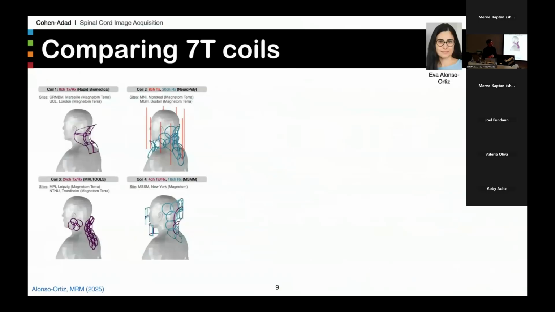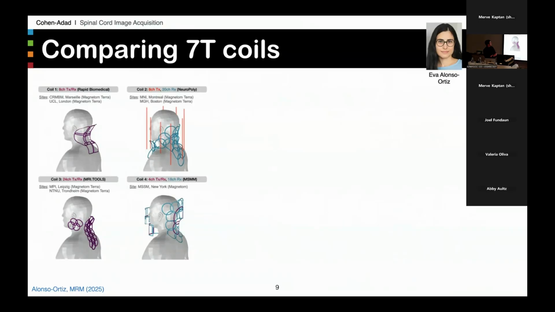It was quite a bit of work to get 3 participants flying all around the world, mostly North America and Europe, and being scanned across 8 different scanners equipped with 4 different coils. So we tested our coil here. We tested the Rapid Biomedical, which is an 8-channel transmit receive.